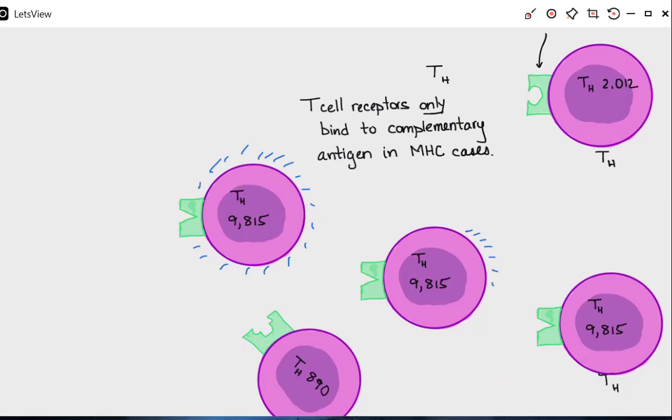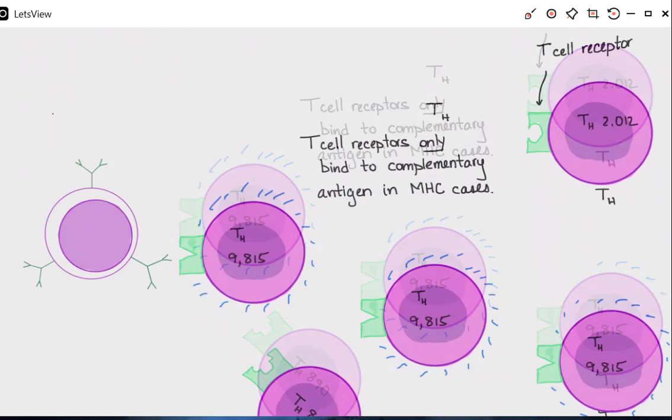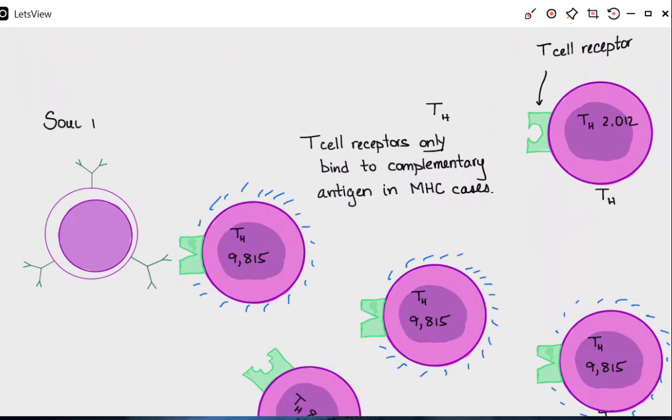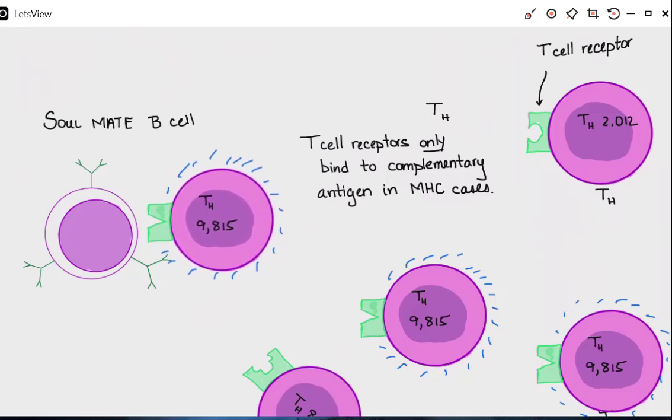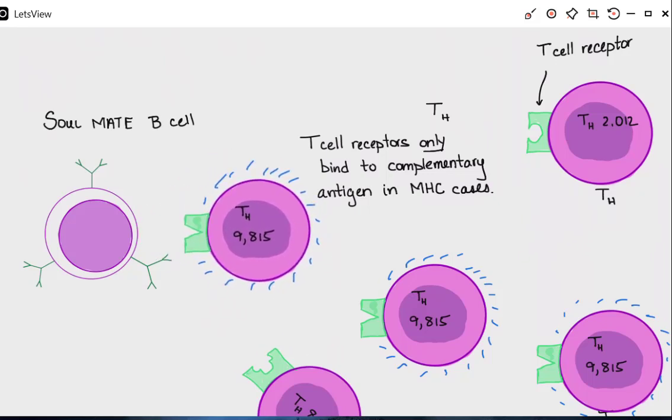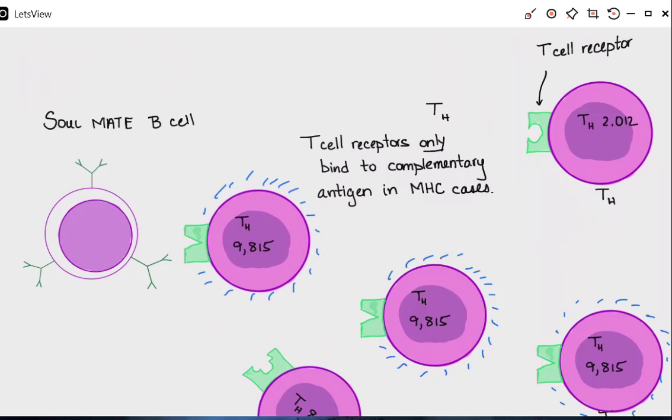Well, we know what the right B cell is, right? We already saw the right B cell. So let's say that this helper T cell gets in proximity with this B cell. And you know that this is the right B cell. That these guys should match, right?